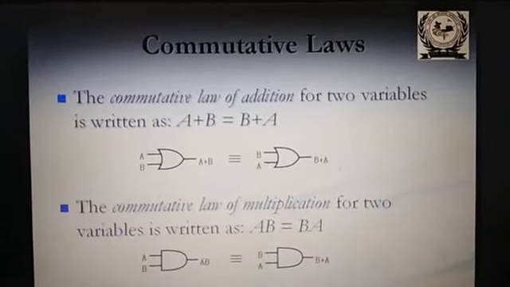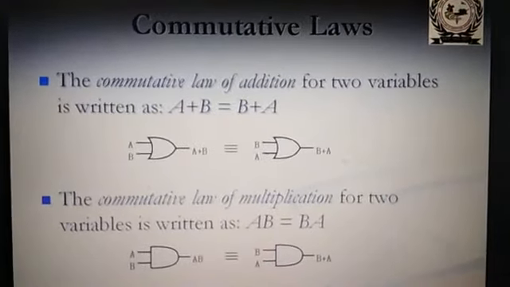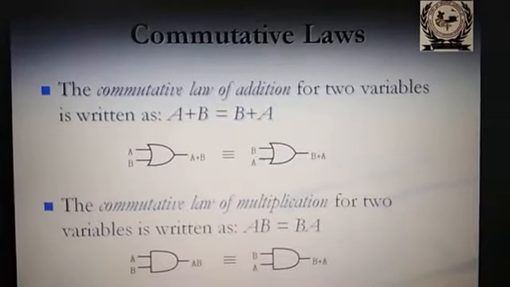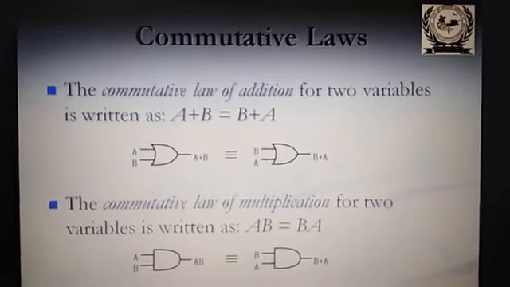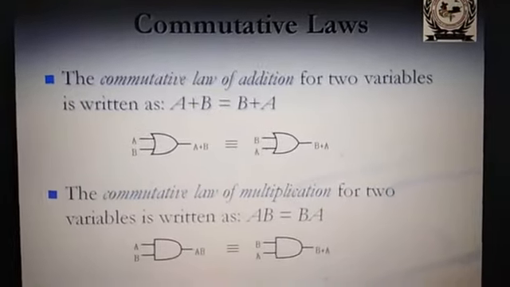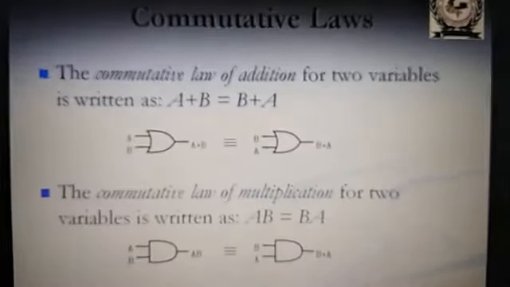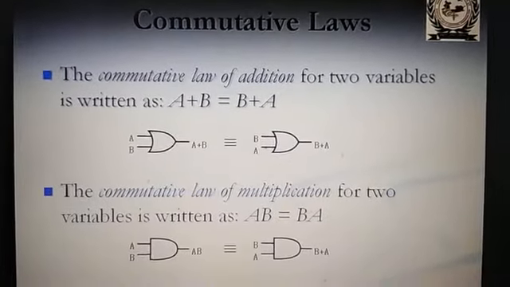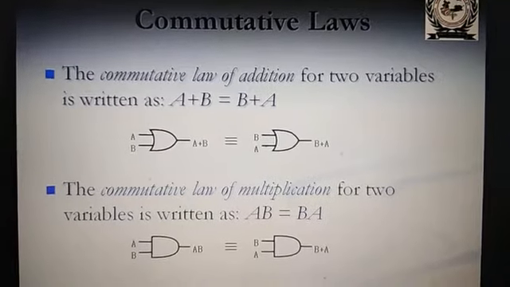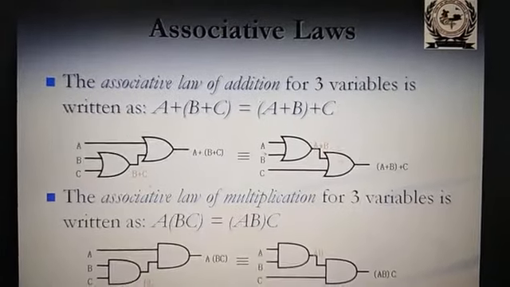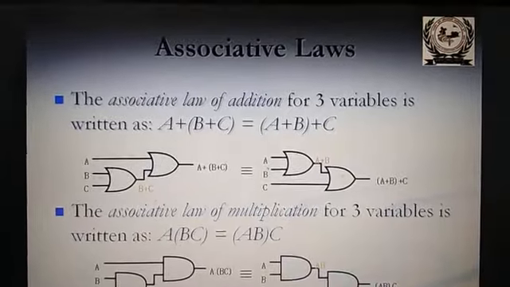Commutative law is this: A plus B is equal to B plus A, that is A OR B is equal to B OR A. This is the commutative law of addition. Then the commutative law of multiplication: A dot B is equal to B dot A. Then associative laws.